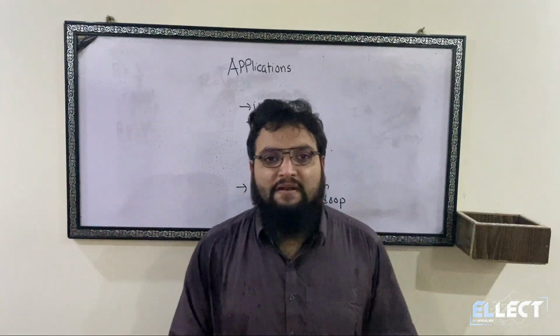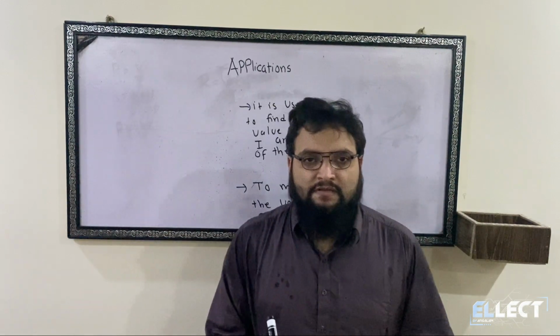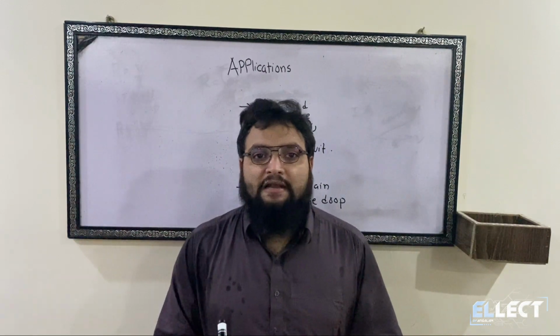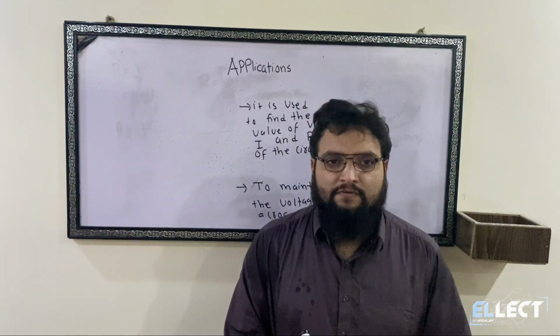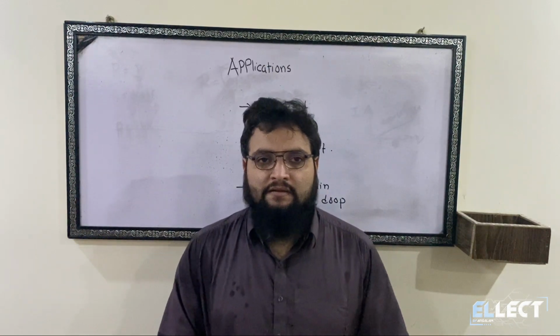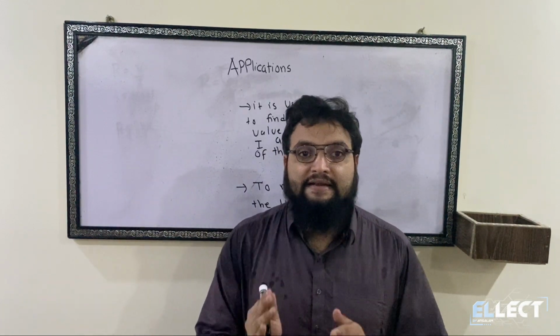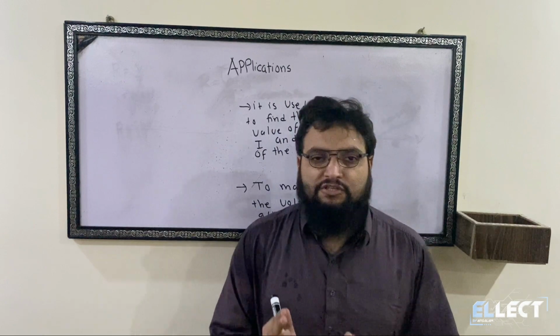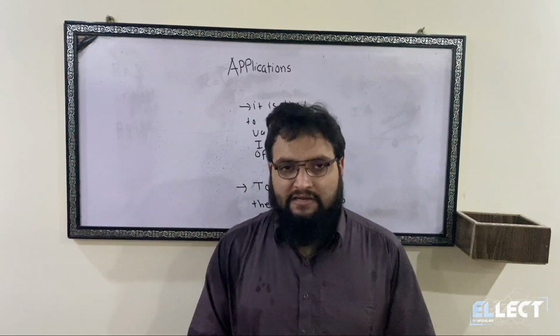The third application of Ohm's law is that it is applied to a linear circuit in which the value of the electronic component, say a resistor, capacitor, inductor and gain, does not change with the changing value of voltage and current.